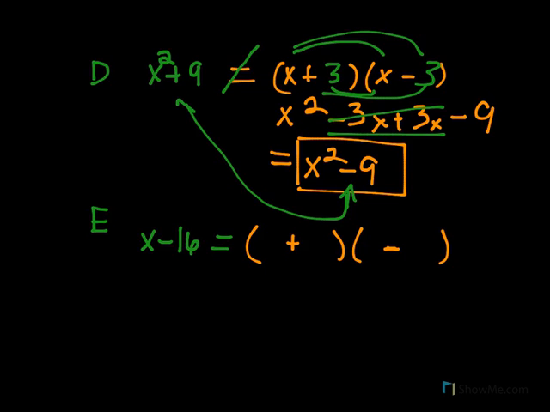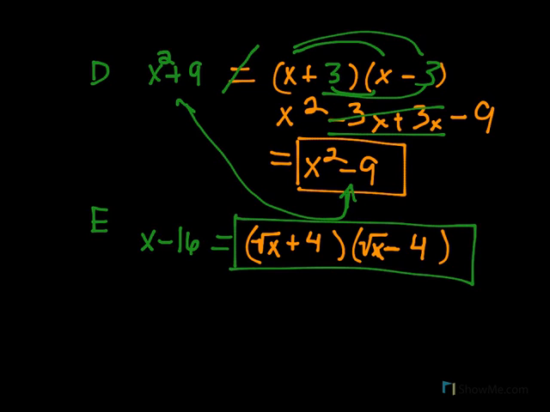So what is the square root of x? The square root of x and the square root of x. What is the square root of 16? It's 4. So this is 4 and this is 4. Done deal. This is your answer. You just expressed that as a multiplication, so that is a difference of squares. Okay, so that's it.